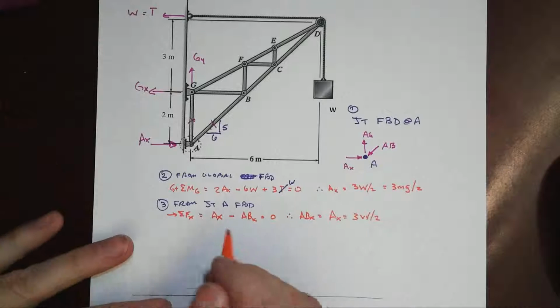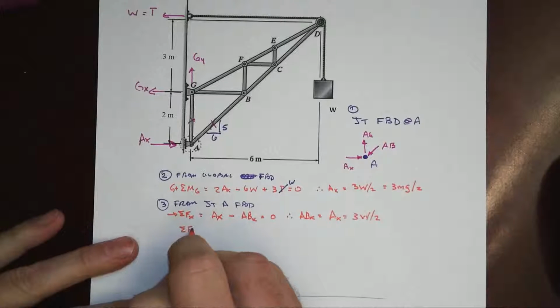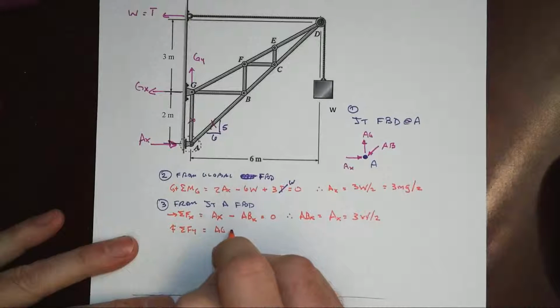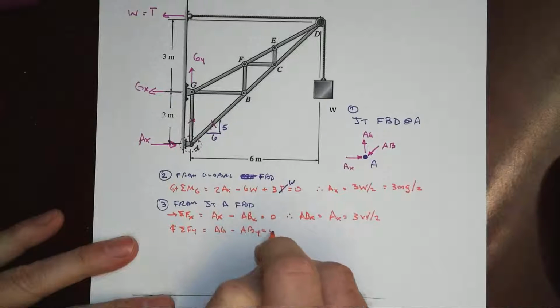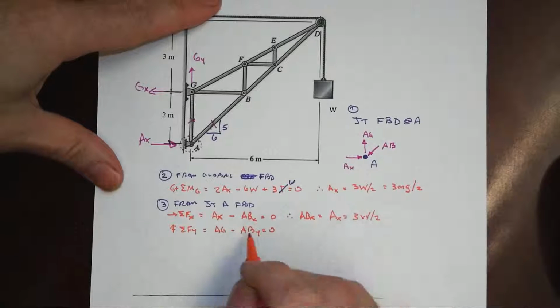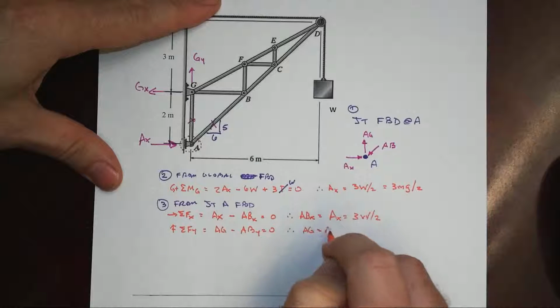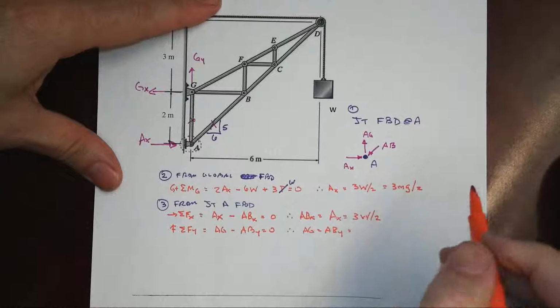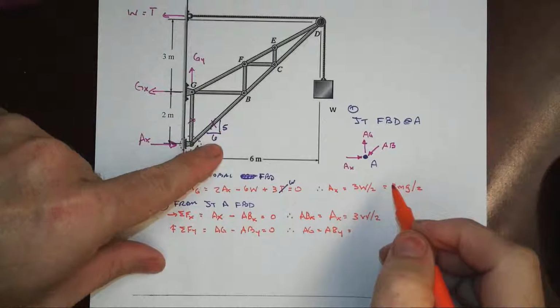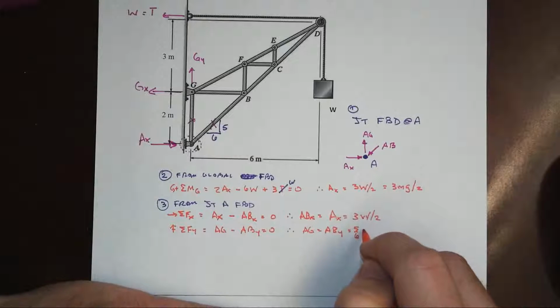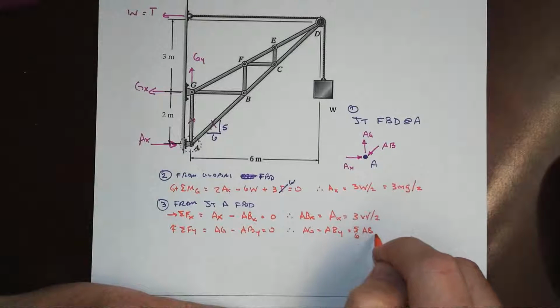And then by sum of forces in the Y, we'll have AG minus the Y component of AB equal to 0, so therefore AG is equal to ABY, but ABY has to be in the relationship of 5/6 of ABX to be in the right proportion, it has to be smaller.